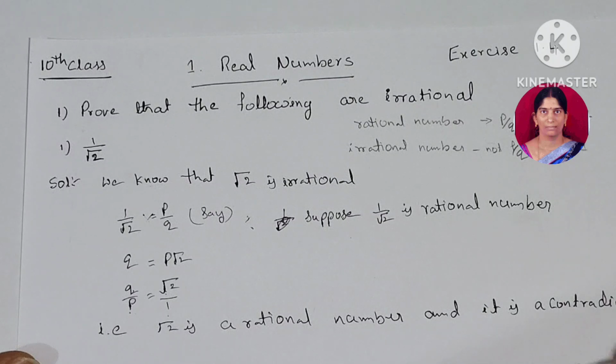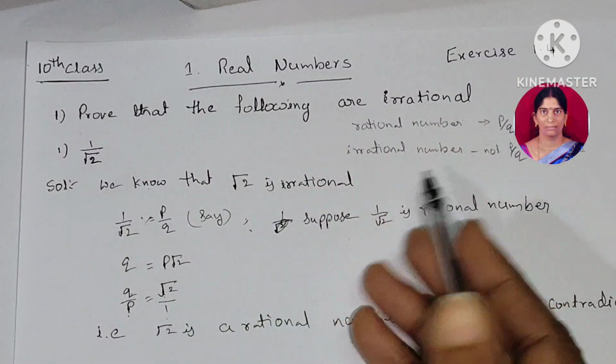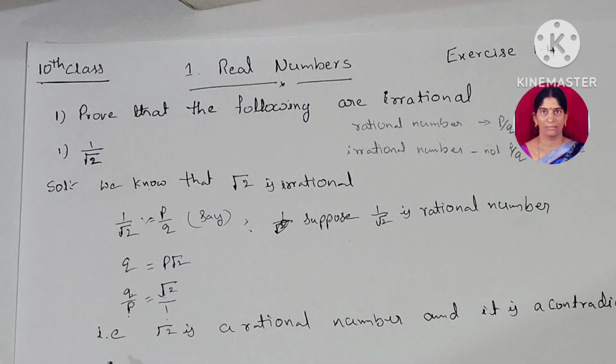The contradiction arises due to our supposition that 1 by root 2 is a rational number. Already we know that root 2 is irrational, but here our proof says root 2 is rational. So our assumption is wrong.